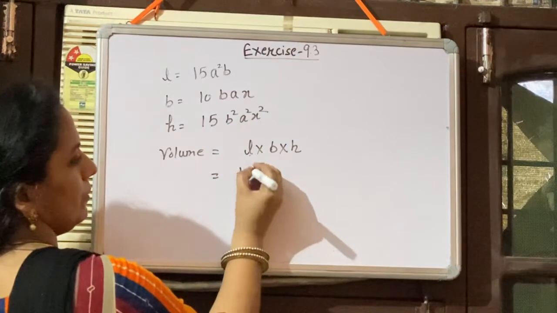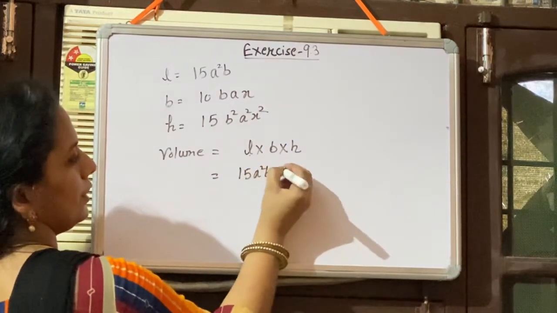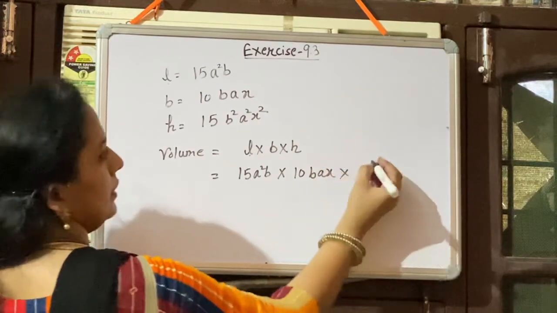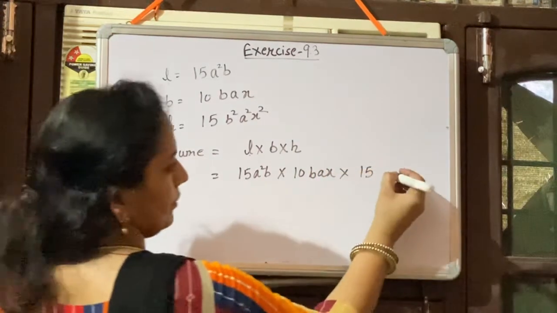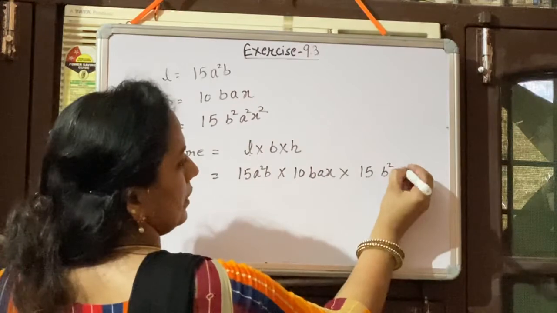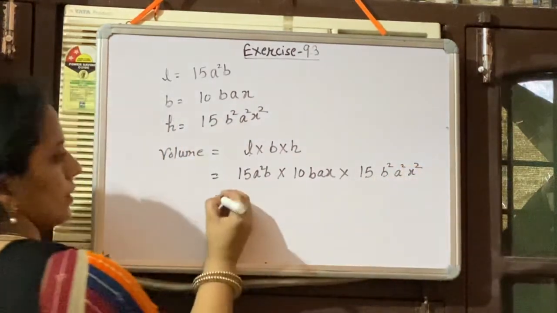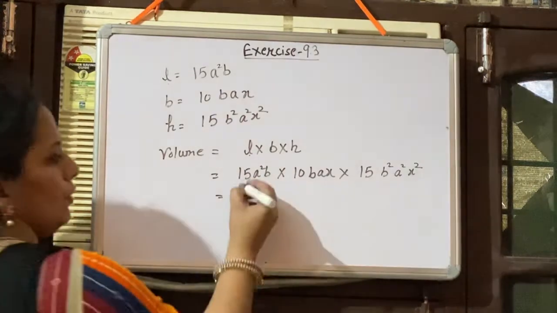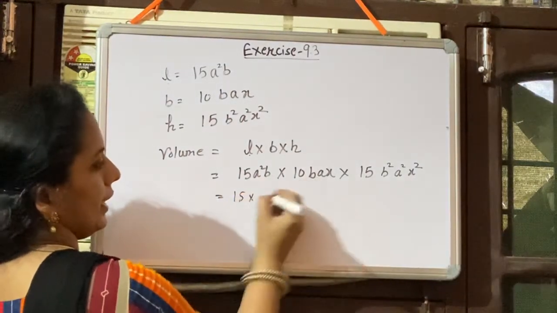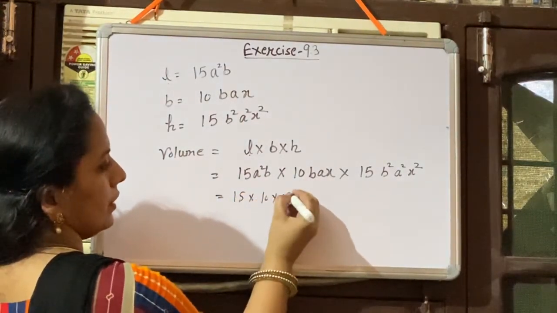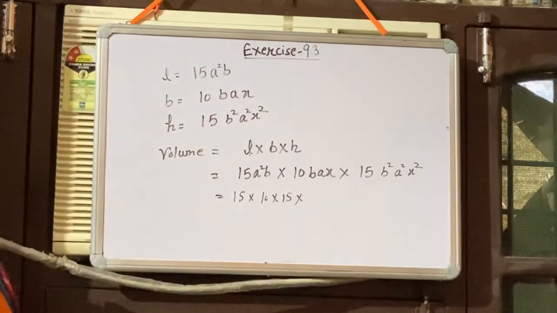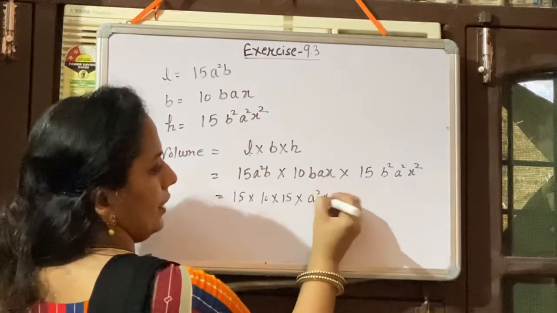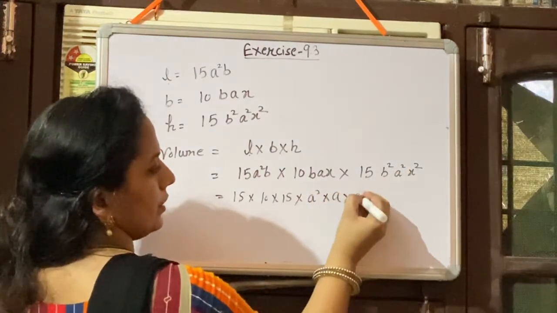So this will be equal to 15 a square b, 10 b a x, and 15 b square a square x square. First of all, multiply the constant terms 15, 10 and 15. After that, the terms in which the base is the same: a square, a and a square.